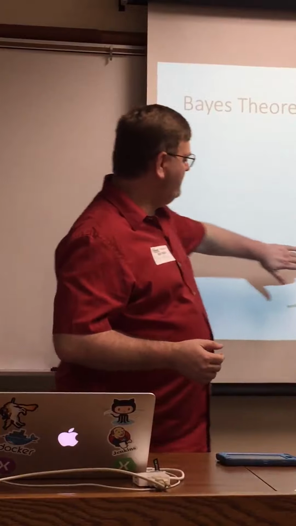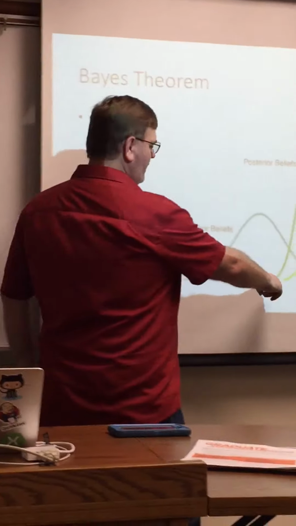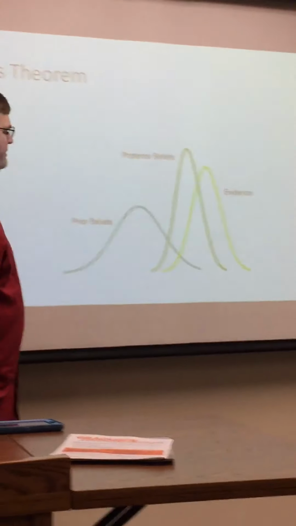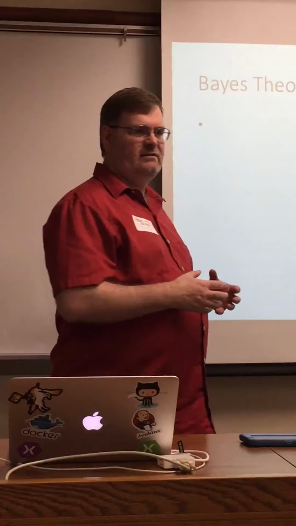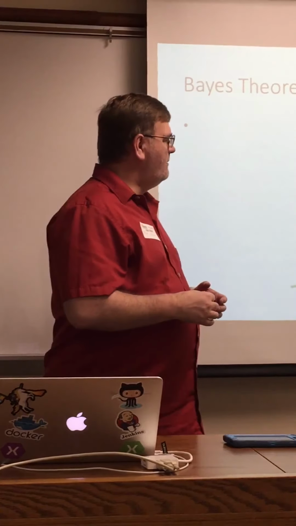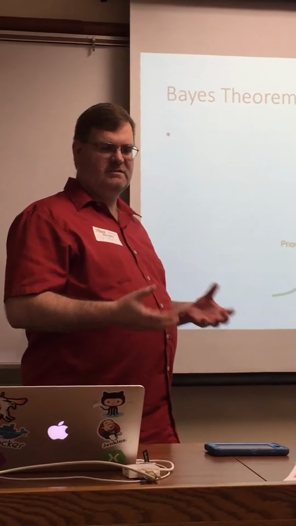But you feed the prior in, which is your guess at what something is, and then you provide evidence, which is just some training data. So basically, you've got a little bit of data of some kind that you've made or you've got from somewhere.